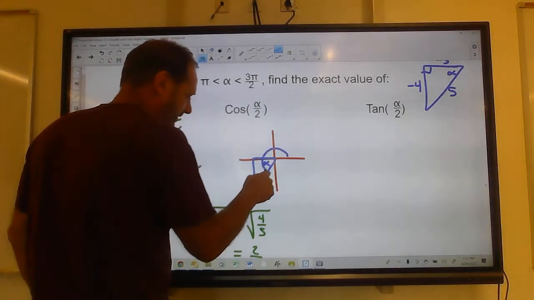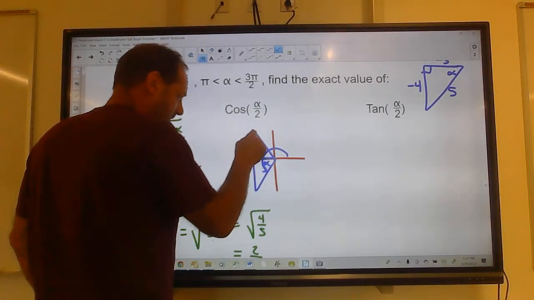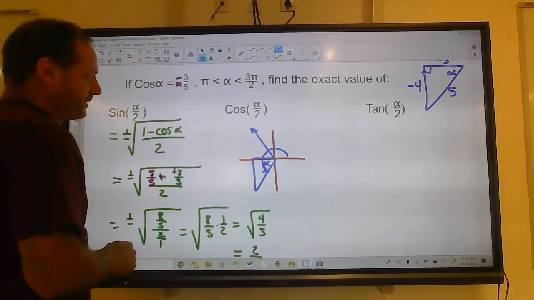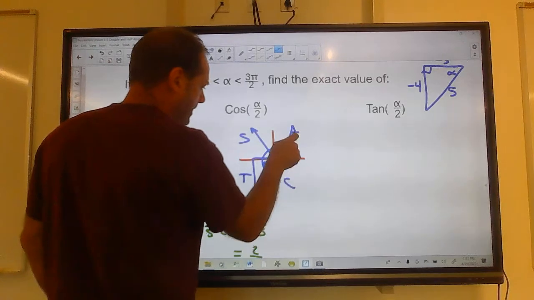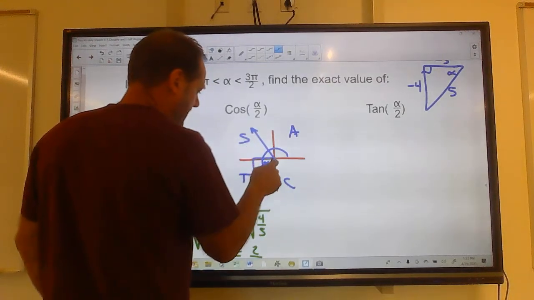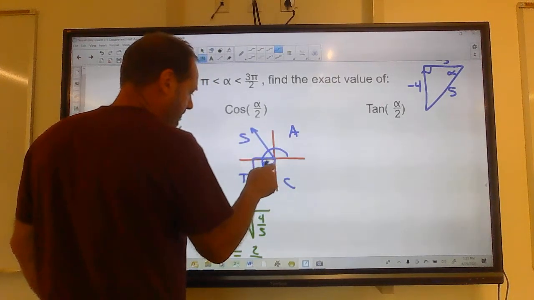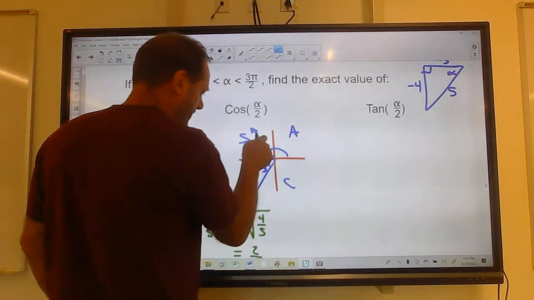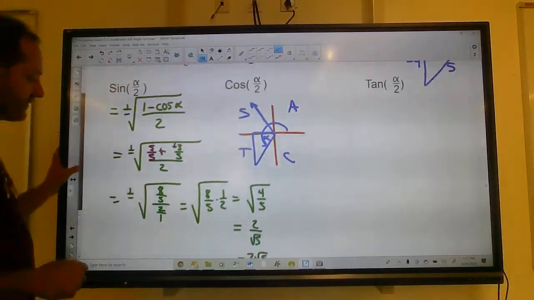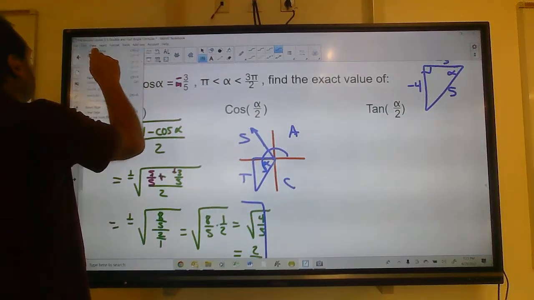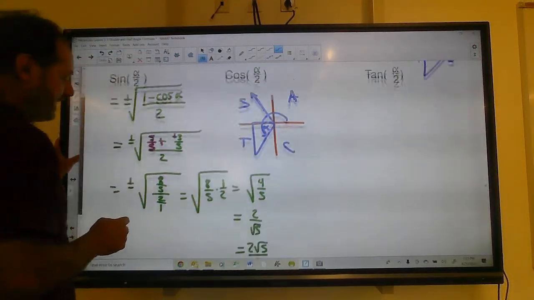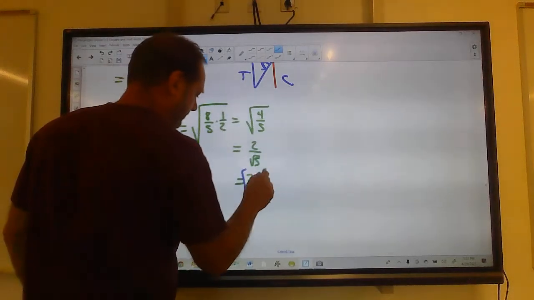So here's my alpha angle. Half of that is going to be up in here. Okay, remember, all students take calculus. All positive, sine is positive. So half of angle alpha is going to be up here. It's going to be positive. So this is going to be positive 2 square root of 5 over 5.